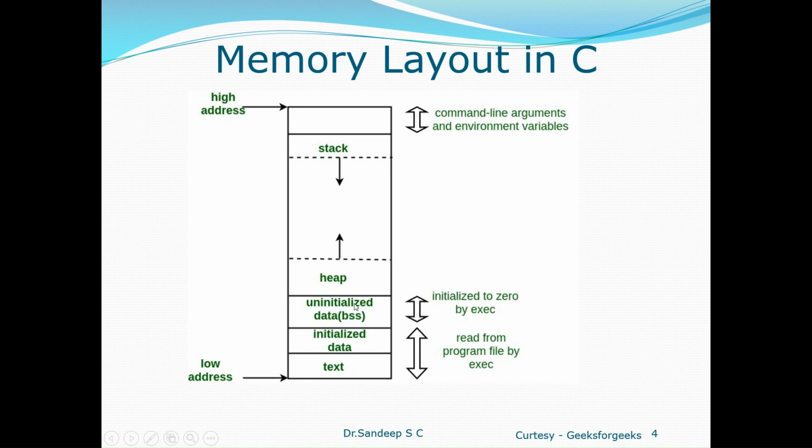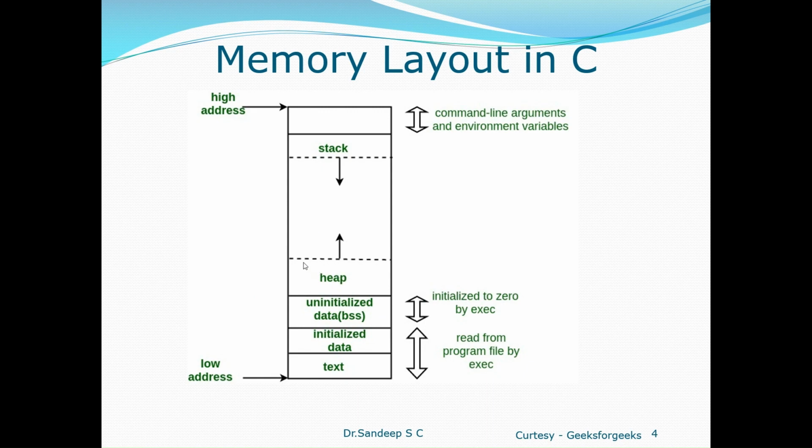Then we have the BSS section, the block symbol segment, which holds uninitialized data. However, during execution, it will be initialized to 0, even though the compiler has kept it as garbage.